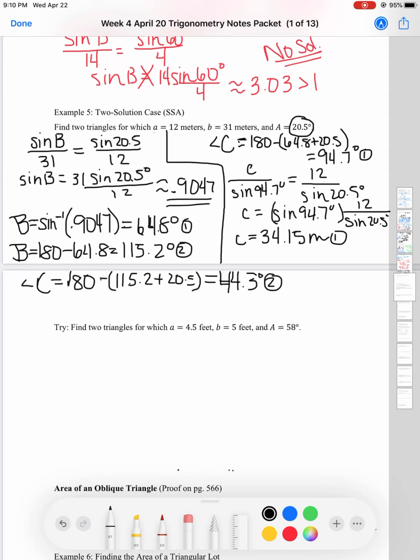We have two possible angle B's, two possible angle C's, and this is going to give us two possible side c's.